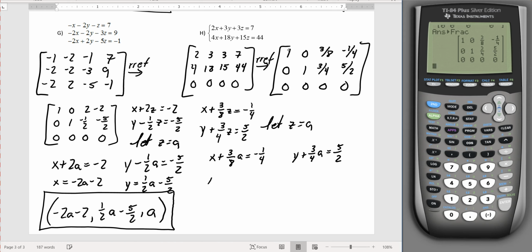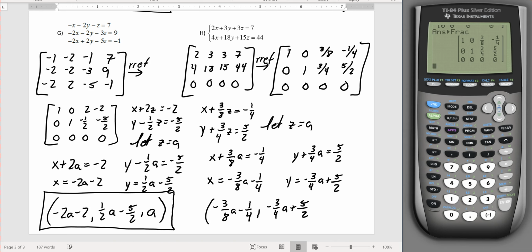Solve for x and y, so x will equal negative 3/8 of a minus 1/4, y will equal negative 3/4 of a plus 5/2. So my coordinate pair would be negative 3/8 of a minus 1/4, comma, negative 3/4 of a plus 5/2, comma, a. And there we go. There are our infinite solutions.